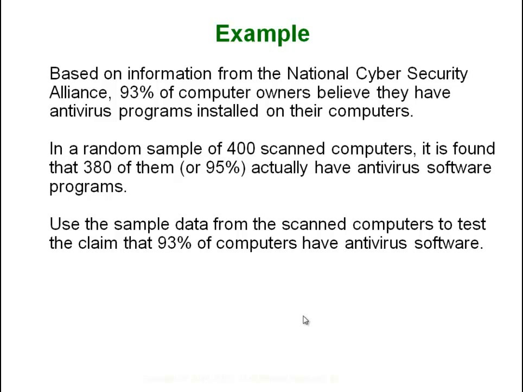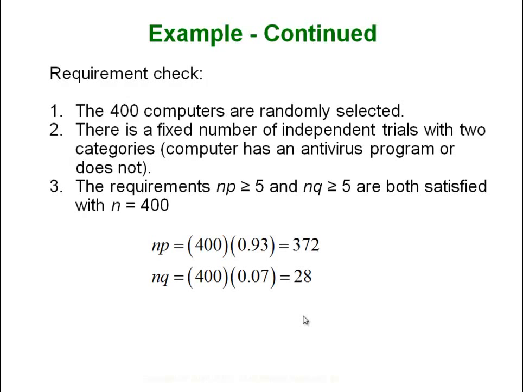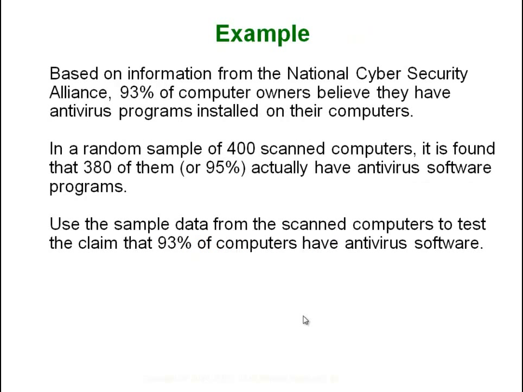Our first thing to do is check our requirements. The 400 computers are randomly selected, so that's good. There's a fixed number of independent trials with two categories. Either they had the software or they didn't, so it meets the requirements of a binomial distribution. We check np and nq really quick, because n was 400 and our p was 93. Now remember, the p is the assumed, the null p.